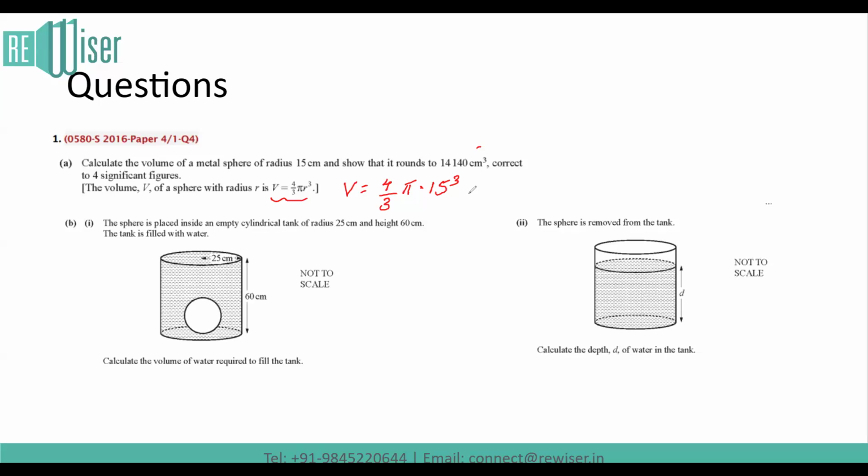Are you doing IGCSE grade 9? Are you in IGCSE grade 9? Oh, okay. You're from a CBSE background? Oh, okay. Then let's not worry about the calculator for now.